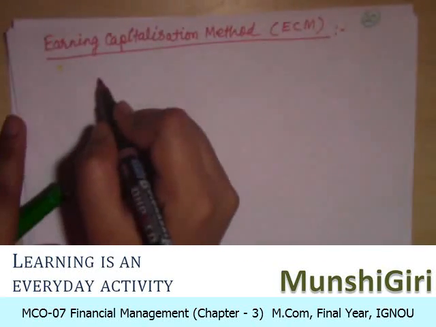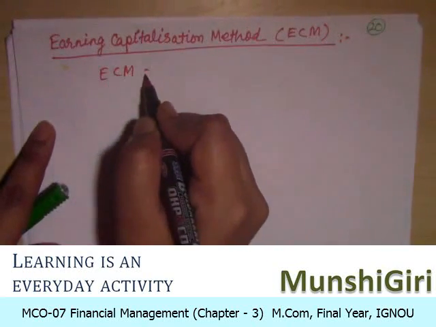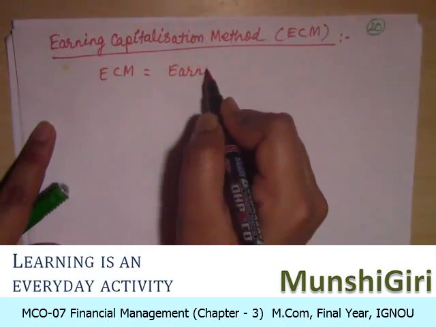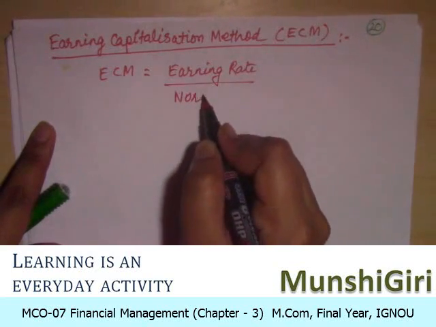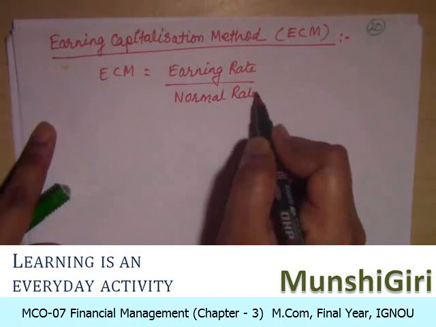The formula for this is ECM is equal to earning rate divided by normal rate into paid up value of share.